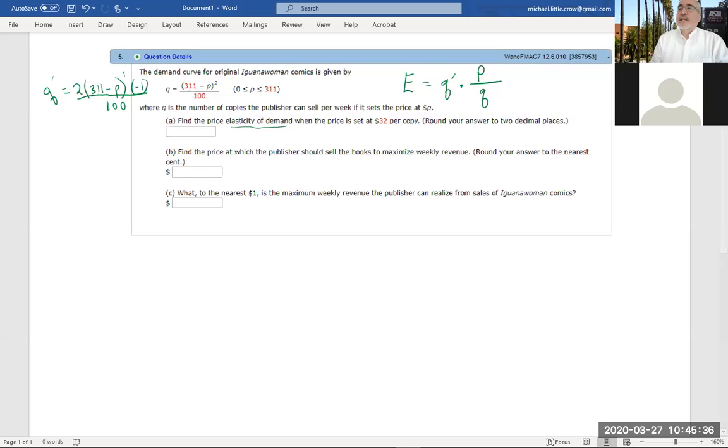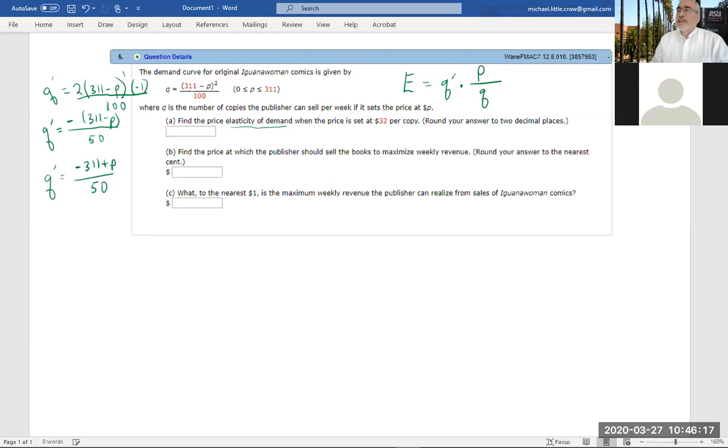Okay, so what we're going to get is that Q prime, notice the negative will come to the front, is 2, the 2 goes into 100, so it reduces down to -(311 minus P) over 50. And then I guess we could distribute this negative. So that's going to be -311 plus P over 50.